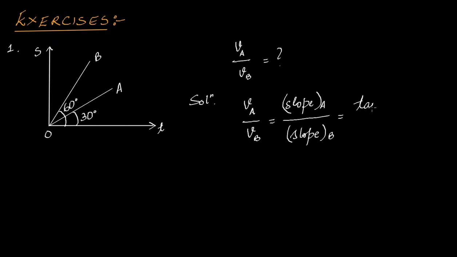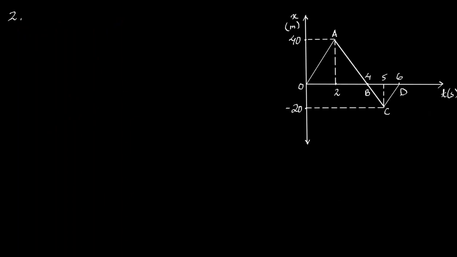This will be tan of which angle? 30 degrees, and the slope of B is tan 60 degrees. Got it? Tan 30 is how much? Tan 30 is 1 by root 3, and tan 60 is root 3. So basically this is equal to 1 by 3. That's the answer. Okay, so let us go to another problem.